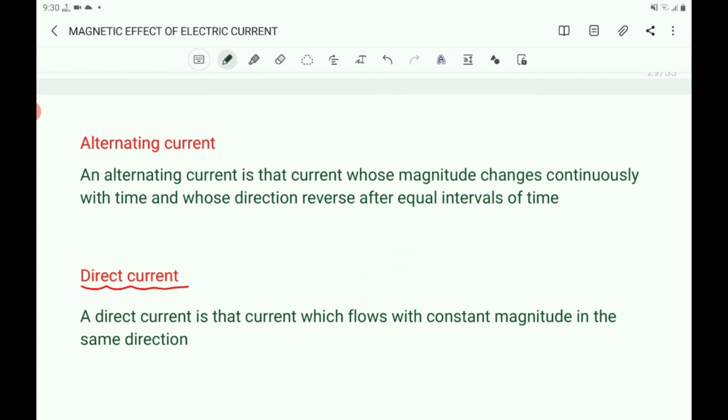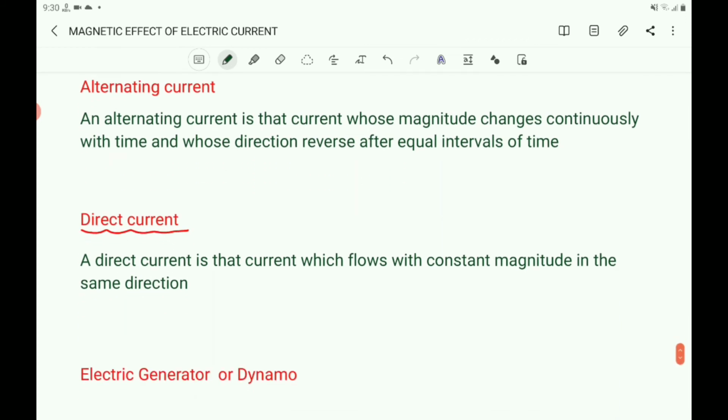An alternating current is a current whose magnitude changes continuously with time and whose direction reverses after equal intervals of time.